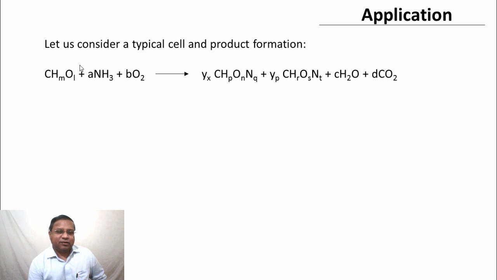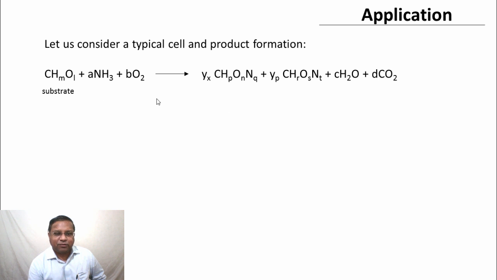Let us consider a typical cell and product formation. This is a stoichiometric equation that represents the cell and product formation, starting with a substrate, carbohydrate CHMOL, and ammonia. Both these are substrates. This is the nitrogen source here. So carbohydrate CHMOL plus A, this is the stoichiometric coefficient of NH3, plus B of O2, oxygen is of course required, gives you a certain Yx, which is the stoichiometric coefficient of cells.